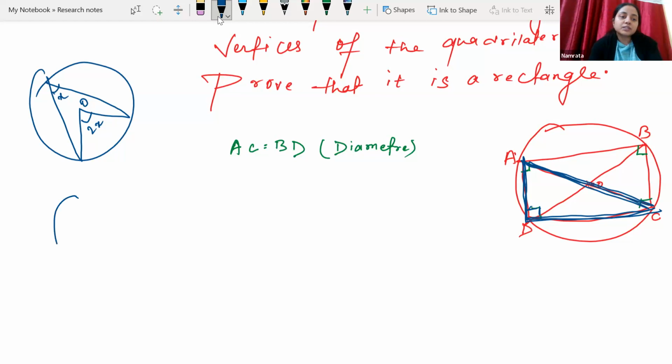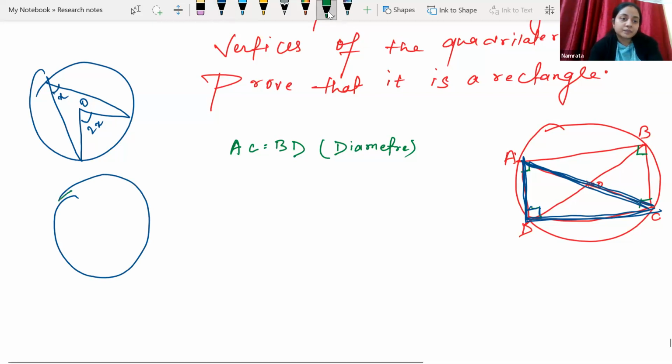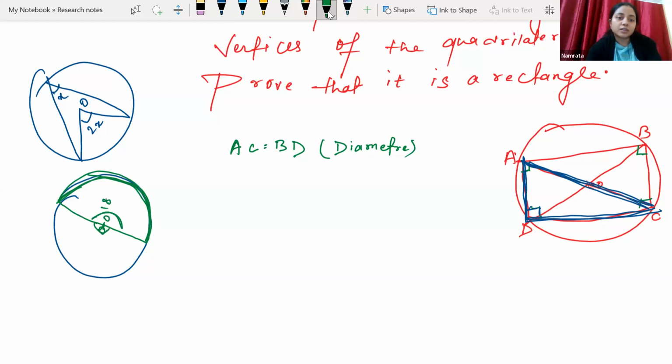So by using this theorem, can we say that there is an arc? I'm talking about this arc, the total half of the arc. I'm taking the angle subtended by this arc at the center. You can see this arc will subtend this angle at the center, and that angle will be 180 degrees.